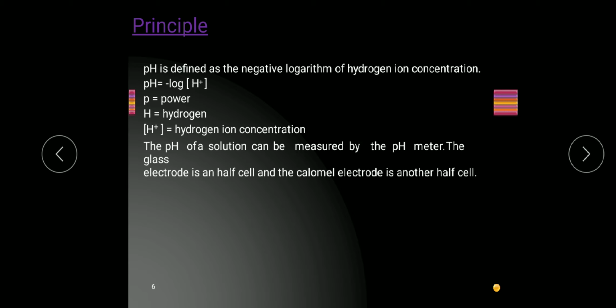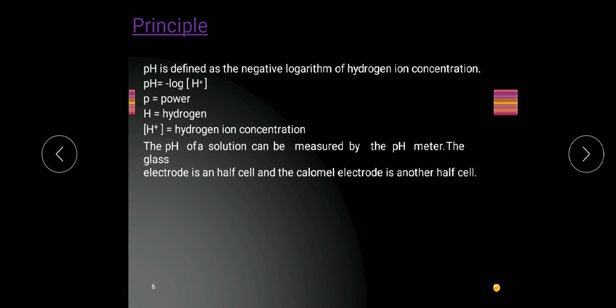Then what is the principle of pH? What is meant by pH? pH is defined as the negative logarithm of hydrogen ion concentration. The formula is pH = -log [H+].